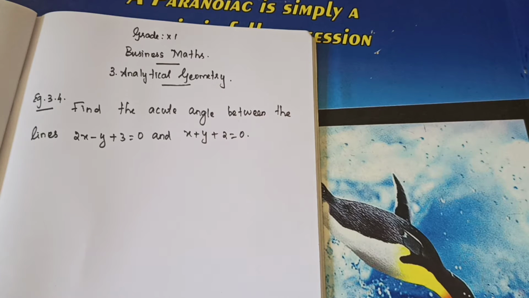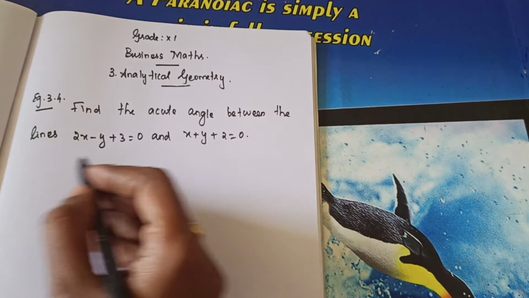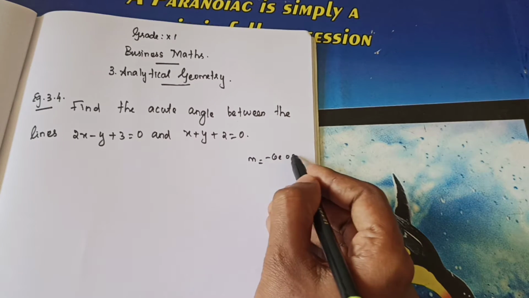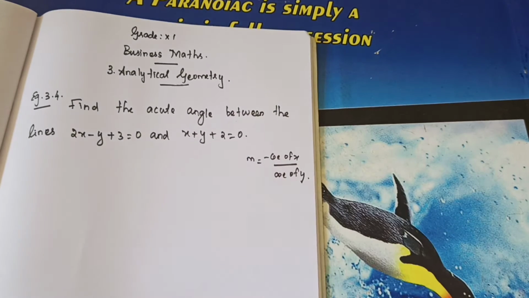Last year you learned, if the equation is given, how will you find the slope? Minus coefficient of x by coefficient of y. You learned this in 10th standard in the coordinate geometry chapter.